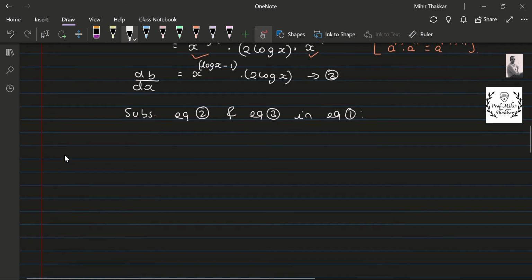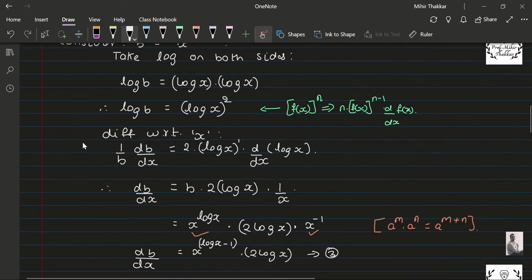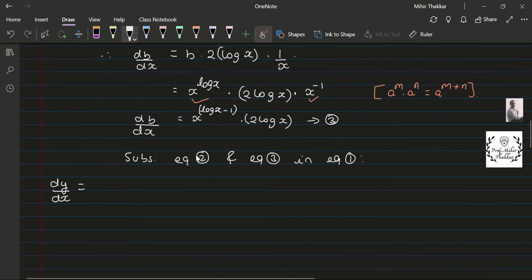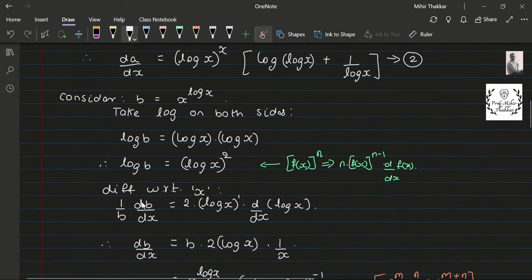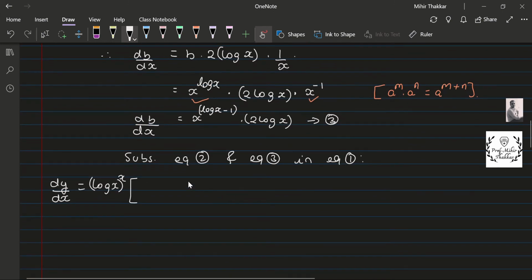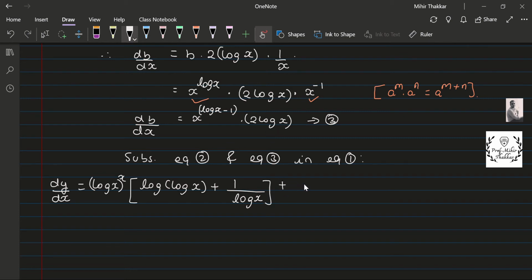I will get dy by dx is equal to x to the power x, and the bracket term log of log x plus 1 upon log x, and the second element over here that you have x to the power log x minus 1 multiplied by 2 log x.